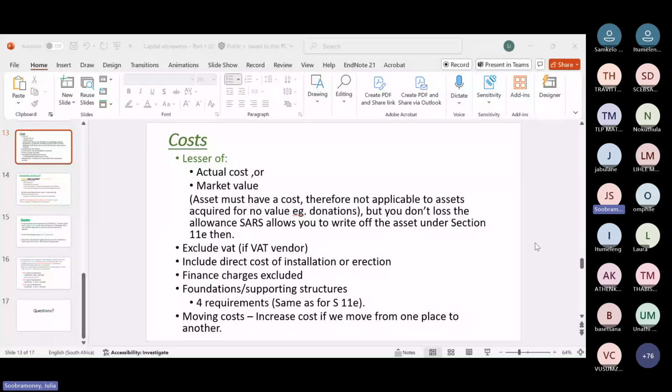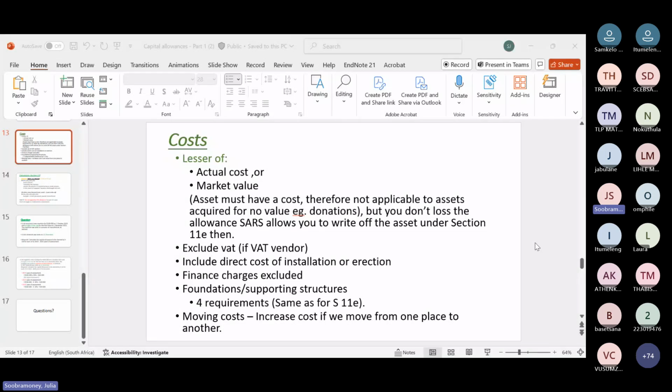So when it comes to moving cost, remember when we were speaking about costs, we're speaking about costs that can be capitalized to the cost price of an asset, right? So now we're looking at a cost that's going to form part of an asset. But remember, when it comes to capital assets, you write them off over 5 years or 4 years. So now I'm sitting with this cost that has to be capitalized. Now, accordingly, if it is a capital asset, I'm allowed to get an allowance, correct? But what happens if that capital asset is already written off?